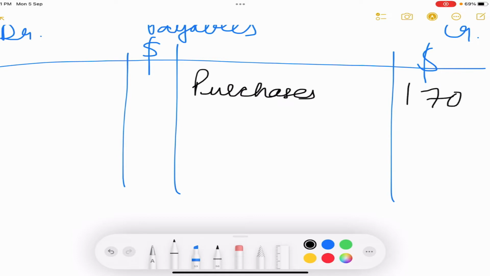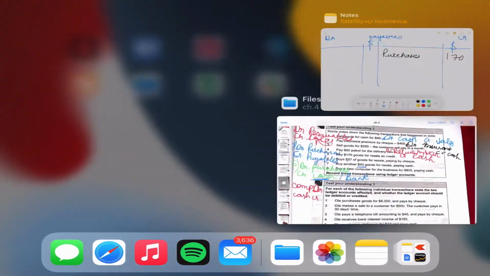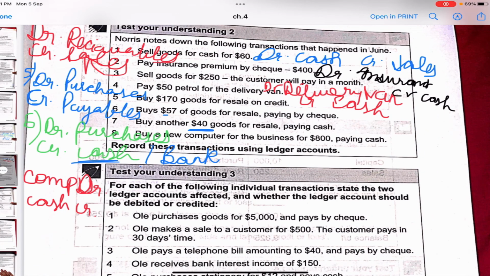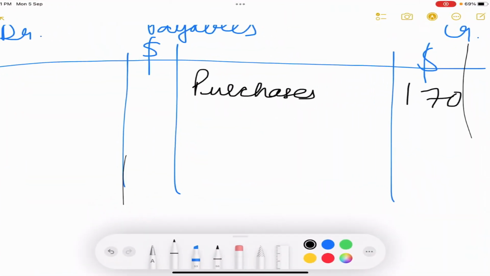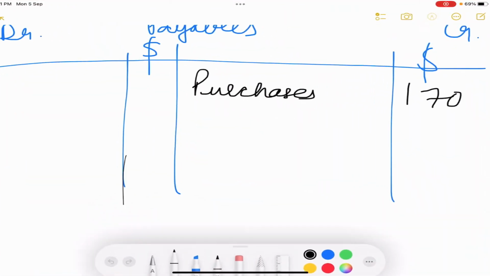Okay. Now next part. Buys $57 of goods for resale, paying by check. So here the entry is not done by credit, it is done by what? It is done by using the bank or by paying the check, right? And how much is the amount? It is 57. So I don't think there's anything to explain. This is something which we've been doing.